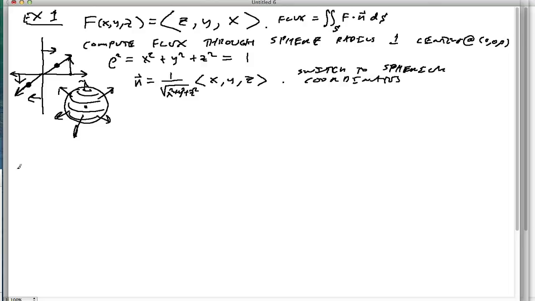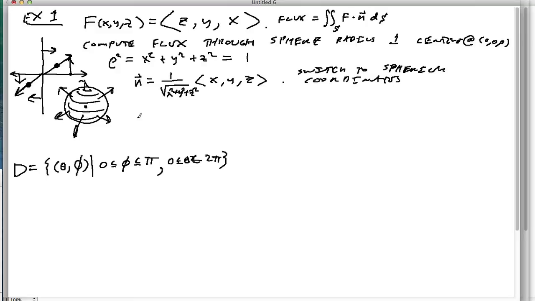So we're going to define our set D in theta phi space, and there we're going to define phi to go from 0 all the way to pi, and theta is going to go from 0 to 2 pi.